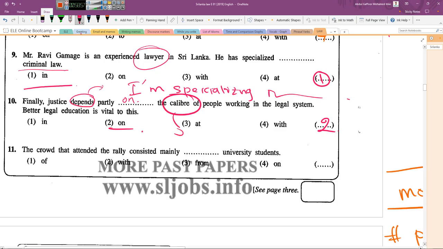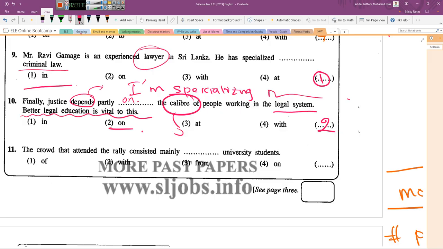So it depends on the standard of people like you who want to become lawyers and judges, right? So we have to establish justice, and it depends solely or partly on the caliber or standard of people working in the legal system. Better legal education is vital to this. That's why they want to make you good lawyers by providing a good legal education, right?